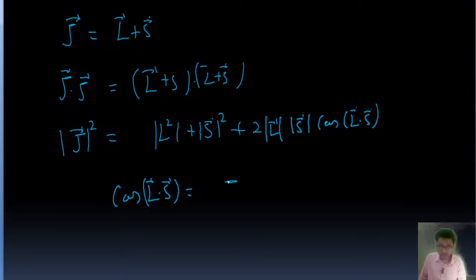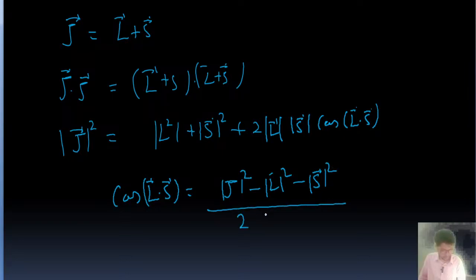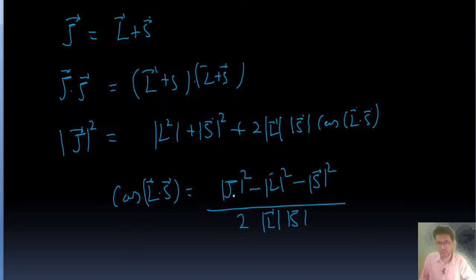Okay, so from here cos L dot S is going to be mod square of J minus mod square of L minus mod square of S upon 2 into mod L into mod S. This is cos theta, cos L dot S. We are just putting the value: J into J plus 1, with h cut square.